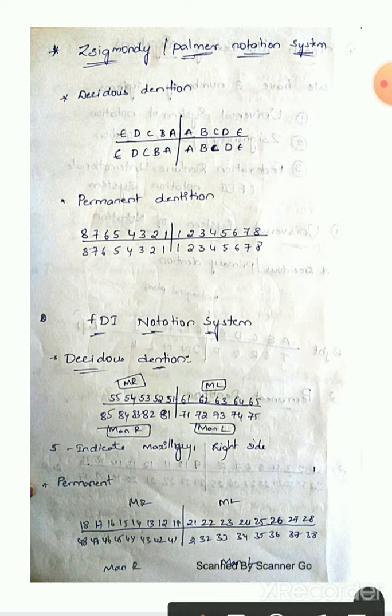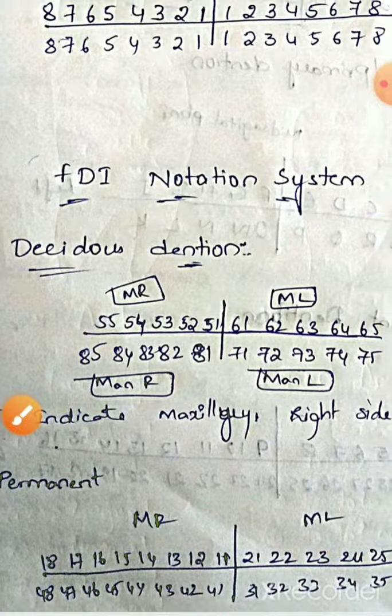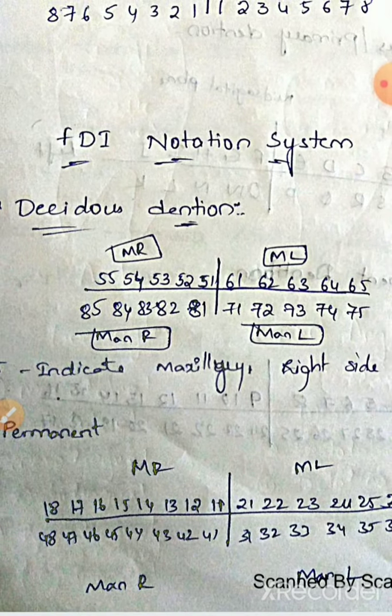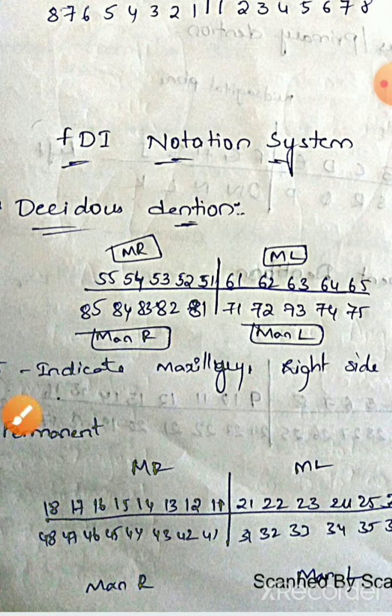So the FDI, Federation Dentaire Internationale, produced a notation which is very easy to remember. In the FDI notation system, we have the same numbering system for teeth, but each quadrant, here we don't use any type of symbols, gives a number.